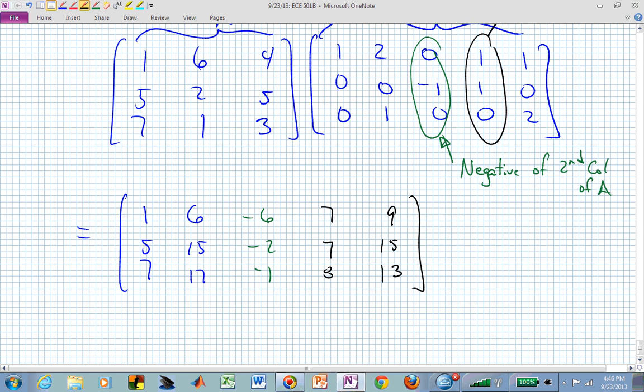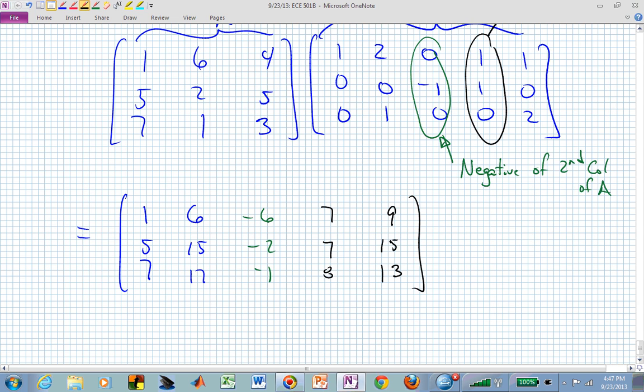If we simply go back to the second column in B, what this is saying is take 2, and this is actually going to be operating on the first column of A. So we take 2 times the first column of A, 0 times the second column of A, and 1 times the third column of A, and we add those 3 pieces up.